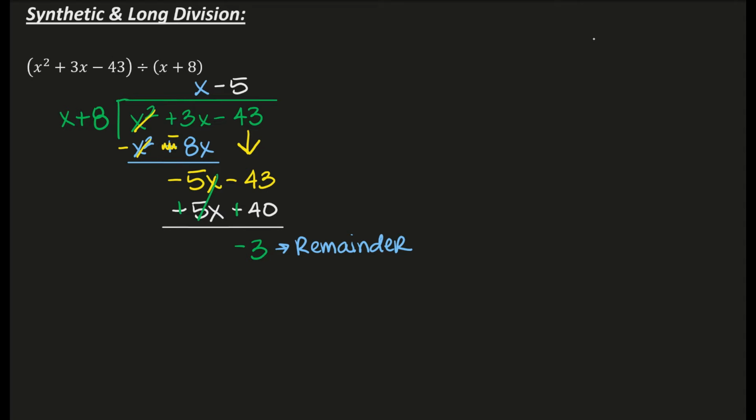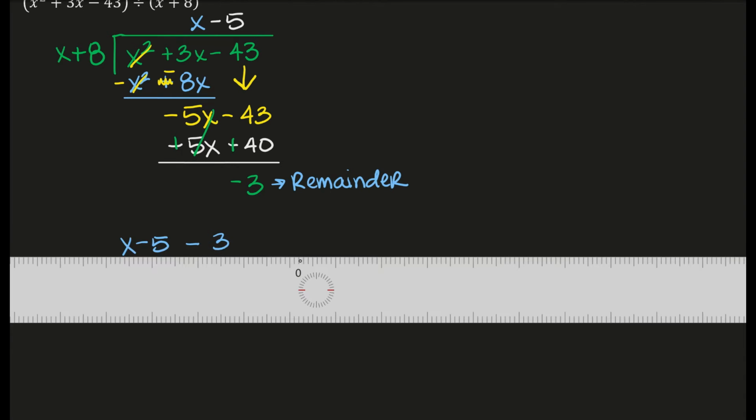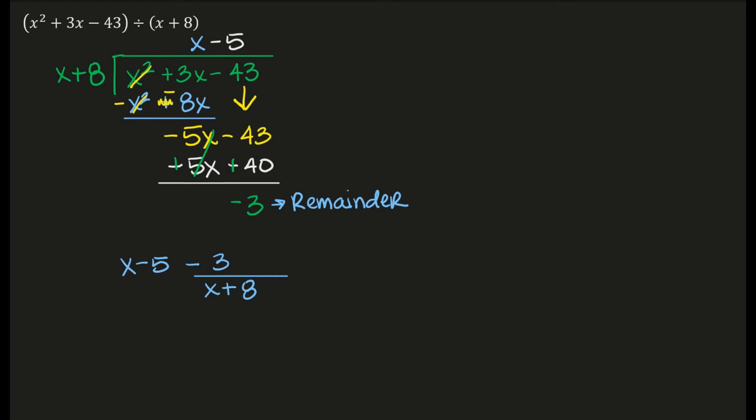So my solution will be x minus 5 minus 3, and this 3 will be over what we were dividing by, x plus 8. So that will be my quotient. That will be my answer to my division problem. x minus 5, and then the remainder is negative 3 over x plus 8.